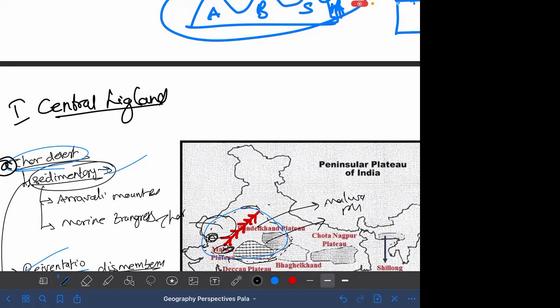Thar Desert is a semi-arid to arid landscape covered by Aeolian sedimentary deposits.